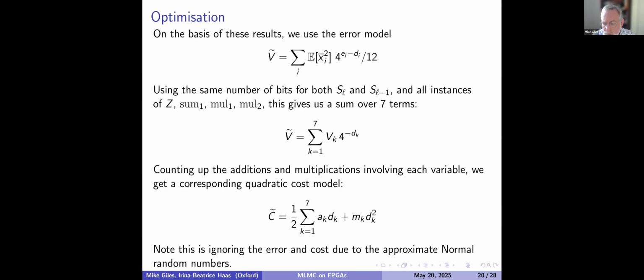Okay. This is ignoring the error and cost due to the approximate normal random numbers, because we don't currently know how to model that cost. Okay, so what we're doing here is looking at how do we optimize the number of bits being used to represent each of the variables.